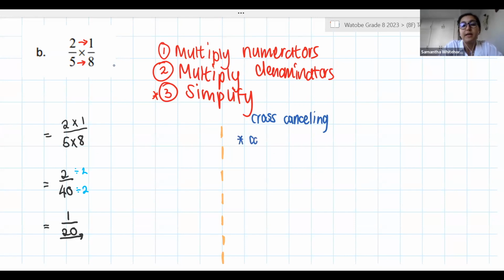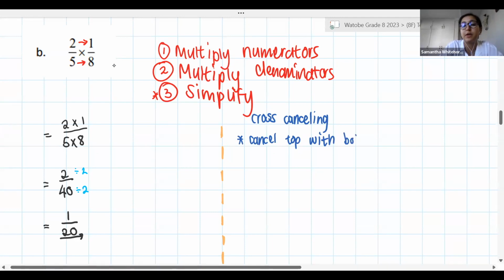This is where we can cancel something in our numerator, so something in the top, with something in our denominator, so something in the bottom. If we have a look here, we've got the fraction 2/5 times 1/8.